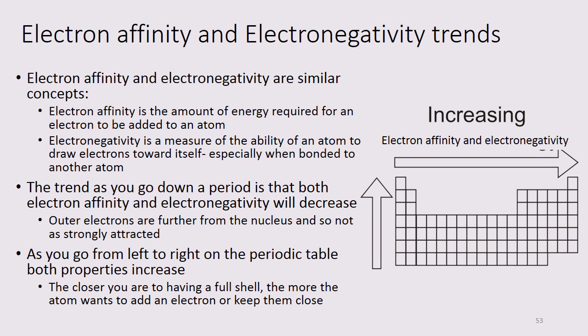So if it's very high ionization energy, it also has high electronegativity because it's willing to hold on to electrons really tightly. And then also going from the bottom to the top, as the electrons are closer into the nucleus, they're going to be held tighter, and so they'll be more willing to add an electron or to hold on to their electrons.